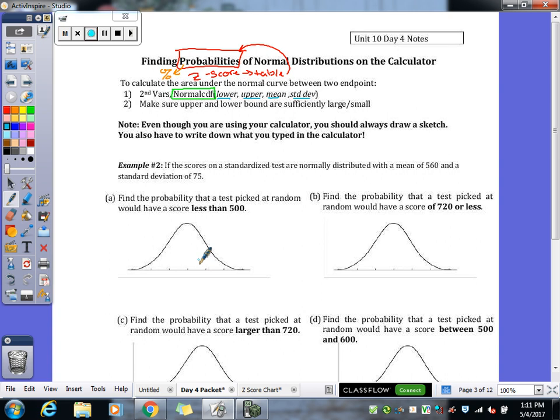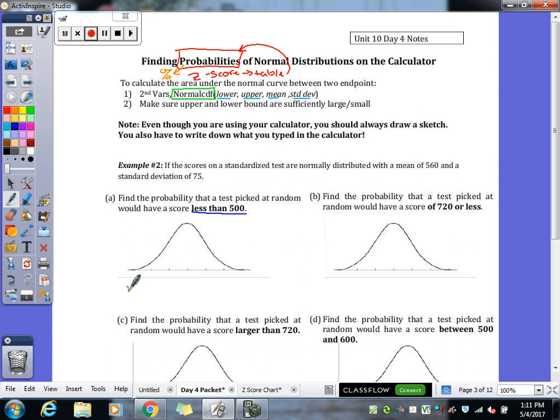With those lower and upper bounds, a lot of the time that is negative infinity or positive infinity. Like for example, if we're dealing with this one down here, when we're talking about getting a score less than 500, that means I could have 500, I could have 0, but really is there an endpoint to that? No, so our lower bound in that problem would be negative infinity.